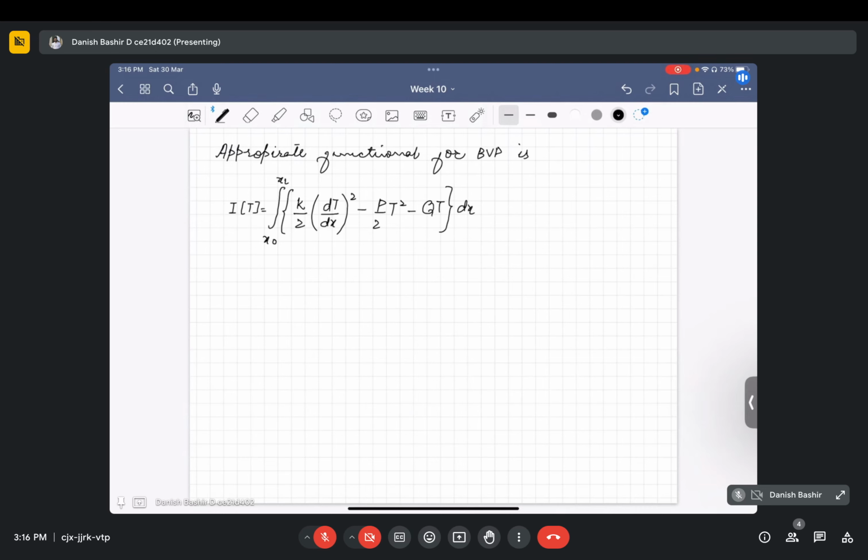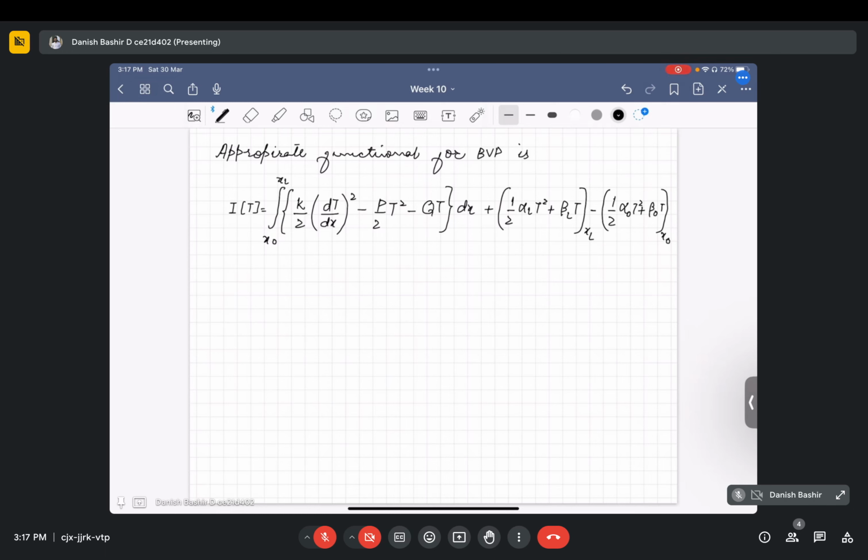And then we have boundary terms. Because of boundary conditions, we will be having boundary terms 1 by 2 alpha L T square plus beta L T at x equals xL, minus 1 by 2 alpha naught T square plus beta naught T at x naught. So you can see that the equivalent functional for this one-dimensional boundary value problem can have this following form.